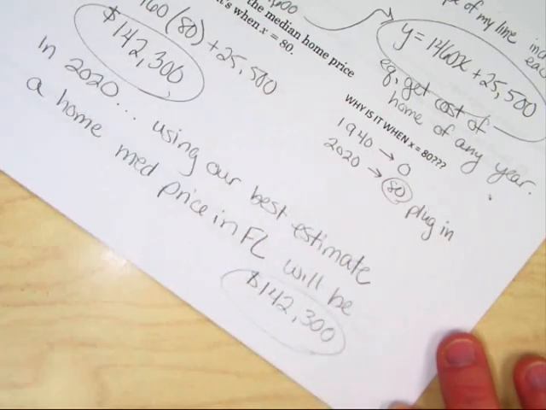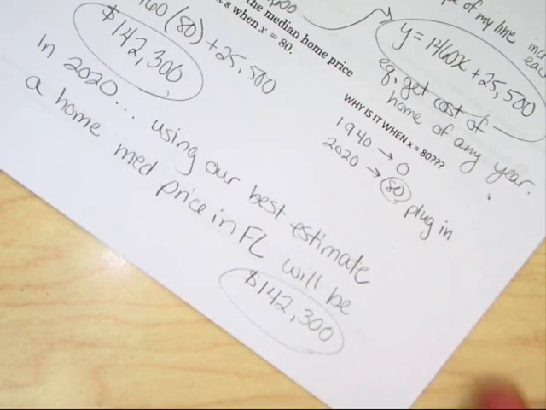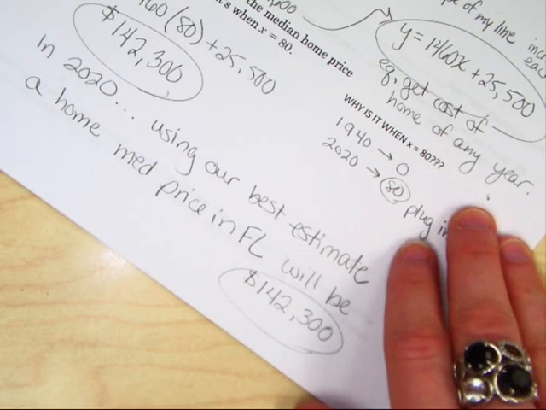Think about what that means to you guys. You'll probably be buying a home around 2020. That means, and this is all just an estimate, but if you went to Florida, you can probably average the homes to be right around $142,000.